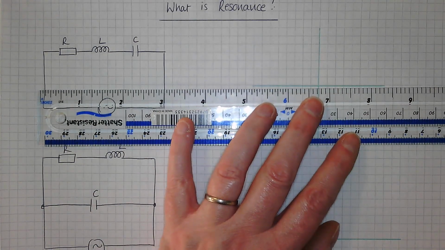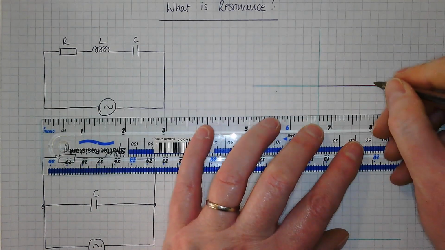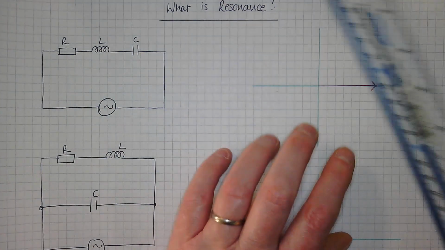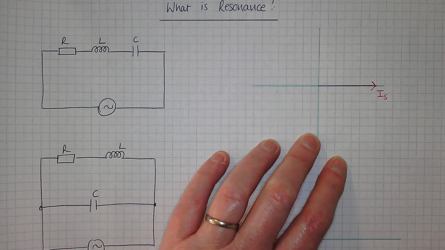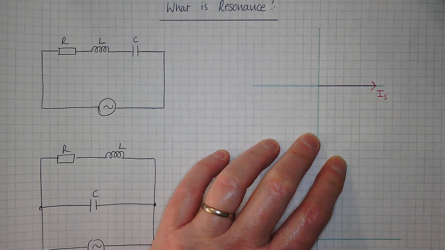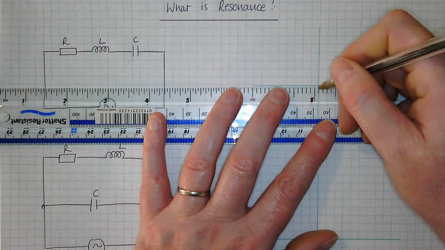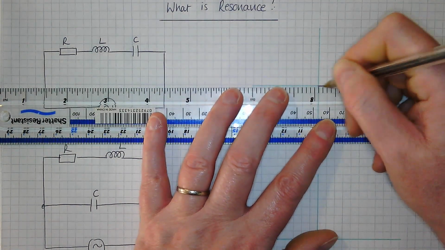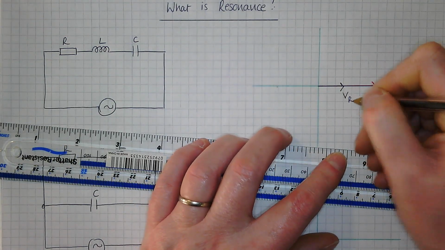you take the supply current as being your reference. Series circuit, always take current as being your reference. Then your voltage with reference to that. That would be your VR.